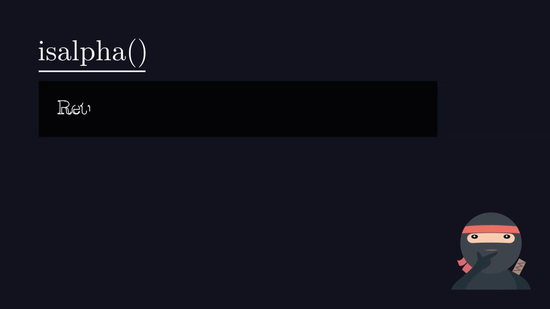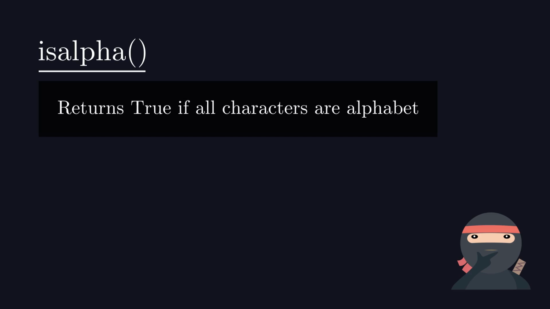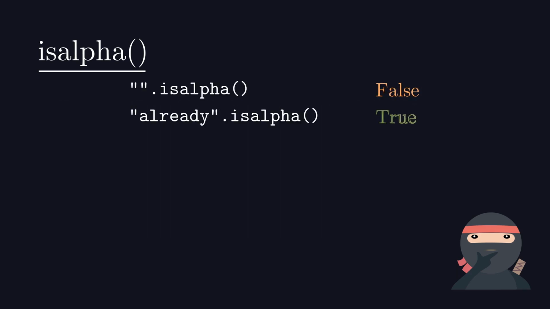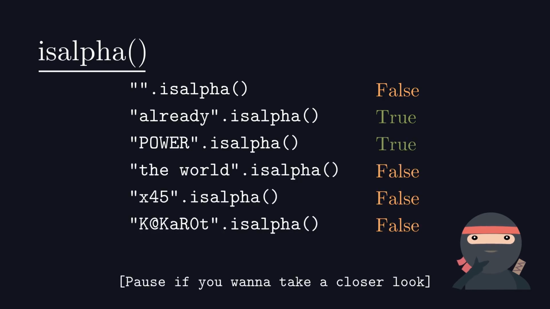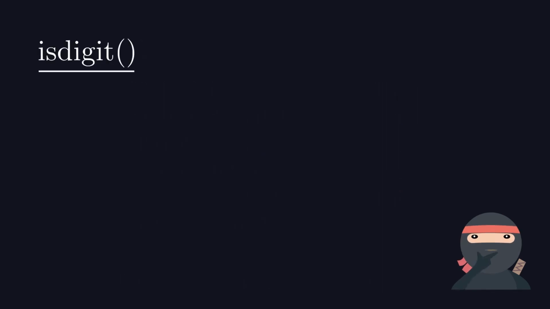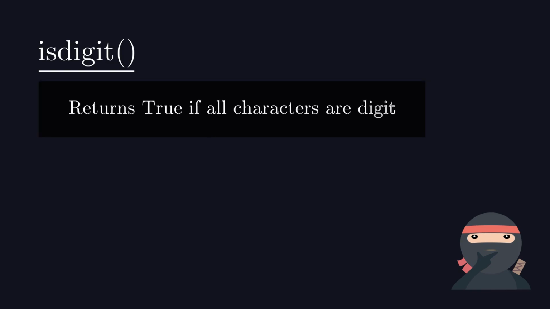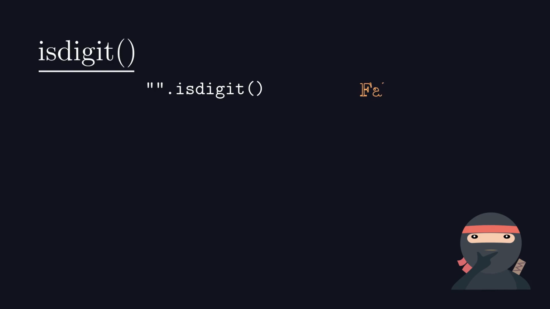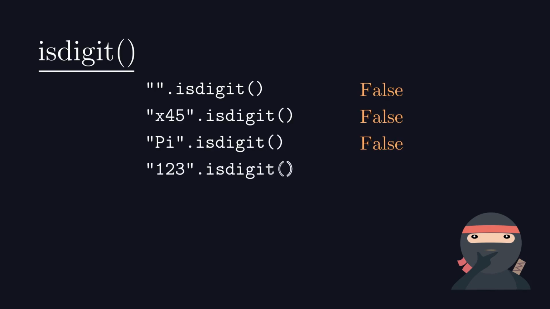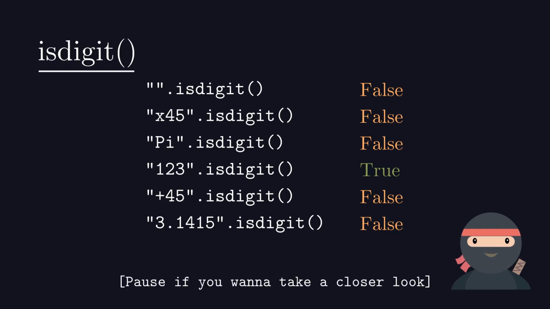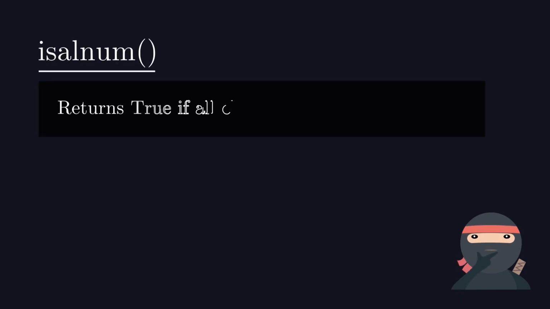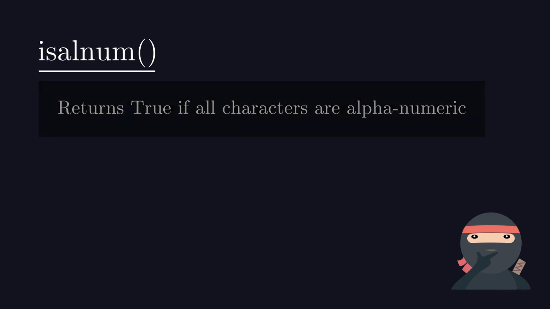The isalpha method returns true only if all the characters in the string are alphabets. The isdigit method returns true only if all the characters in the string are digits. The isalnum method returns true only if all the characters in the string are alphanumeric.